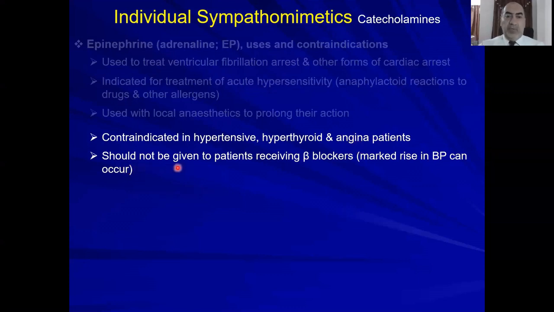It should not be given to patients receiving beta blockers. As we said, the effect of adrenaline on blood vessels through alpha receptors causes vasoconstriction, and through beta receptors causes vasodilation. If you block the vasodilating effect of adrenaline with propranolol or any beta blocker, the only remaining effect on blood vessels will be exerted through alpha-1 receptors, which will cause a severe increase in peripheral resistance associated with a marked rise in blood pressure.